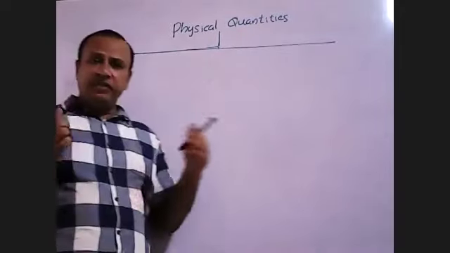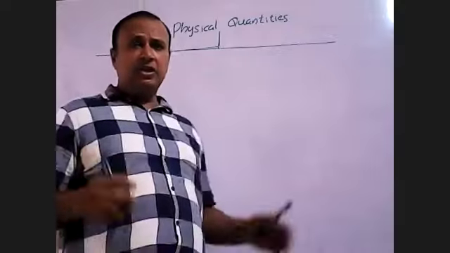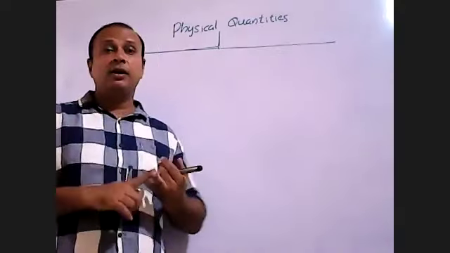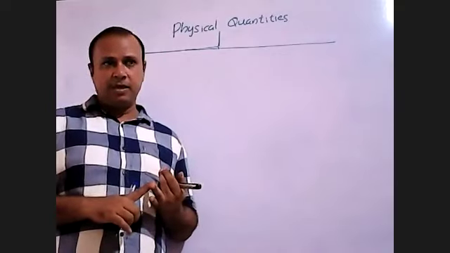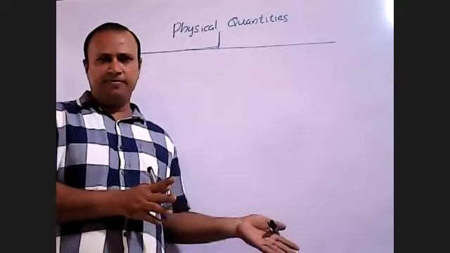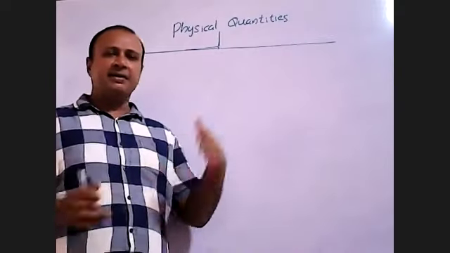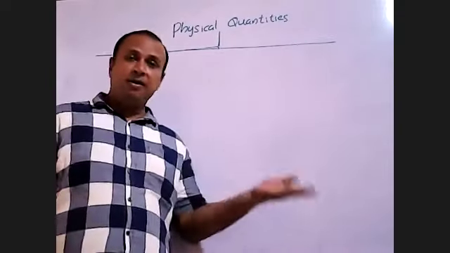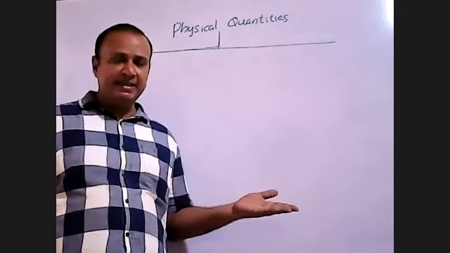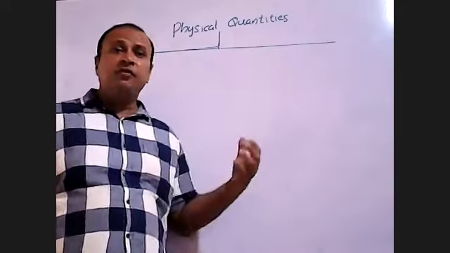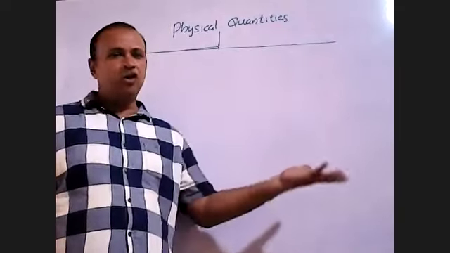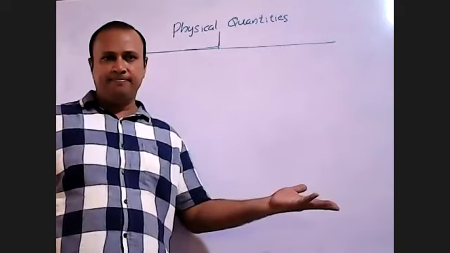Some physical quantities have both unit and dimension. Some physical quantities do not have unit and dimension, like the relative density, then refractive index. So that kind of physical quantities do not have both dimension or unit.